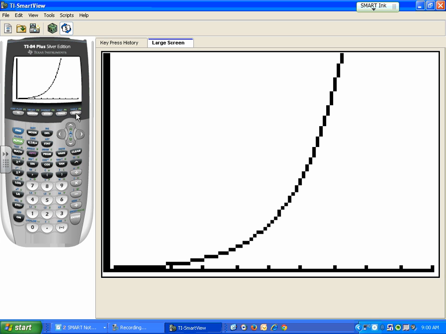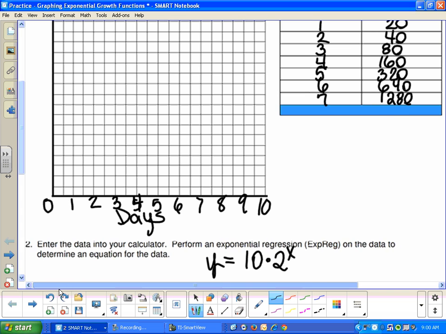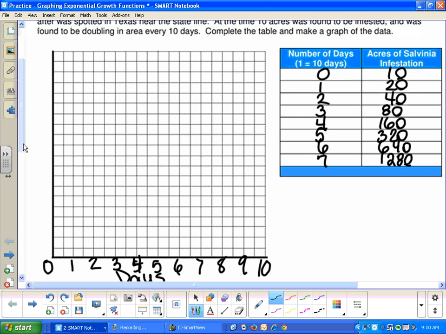If we transfer that to our table, we have to adjust our labeling a little bit, but down here are your days. I would just count them up to 10. And this side is our acres.